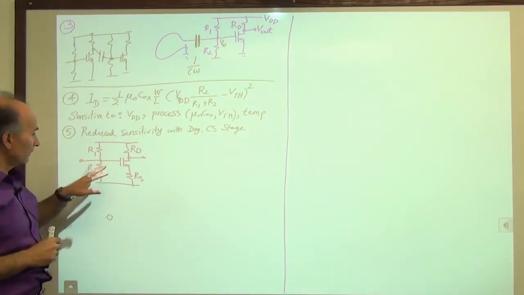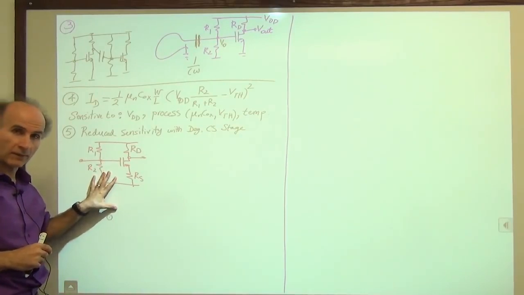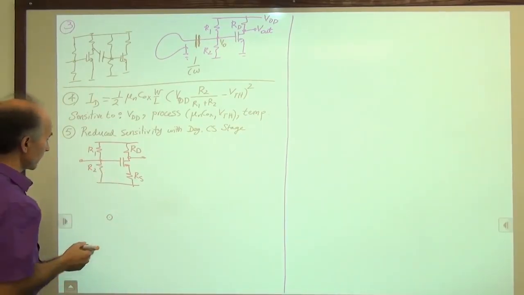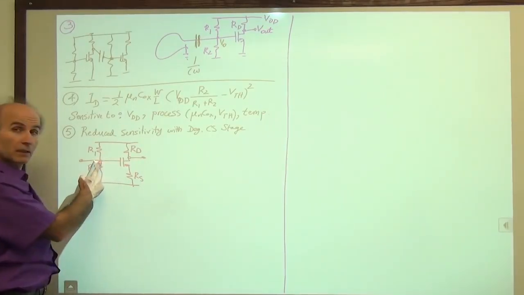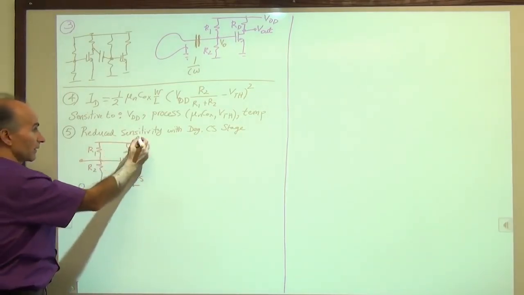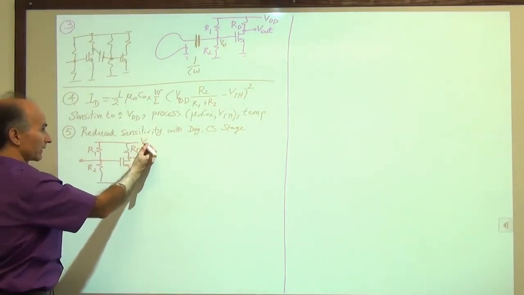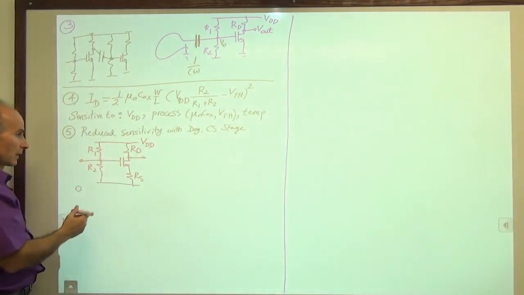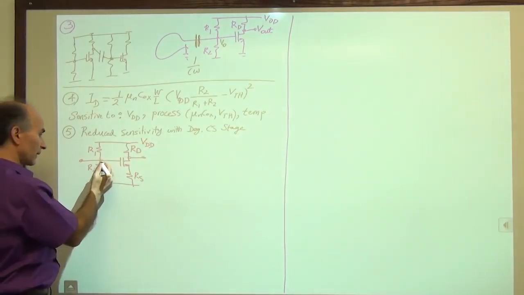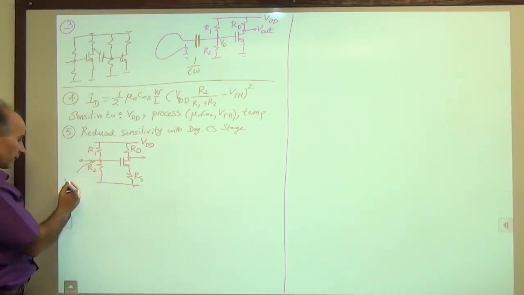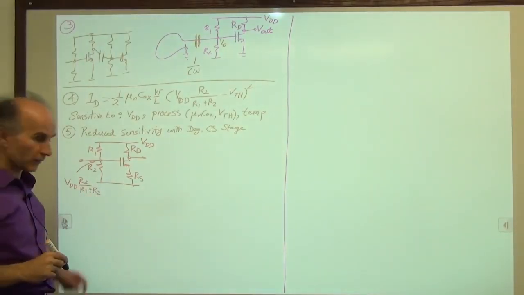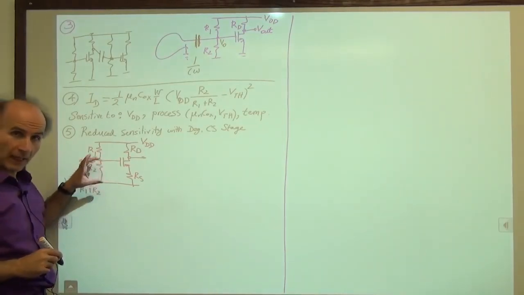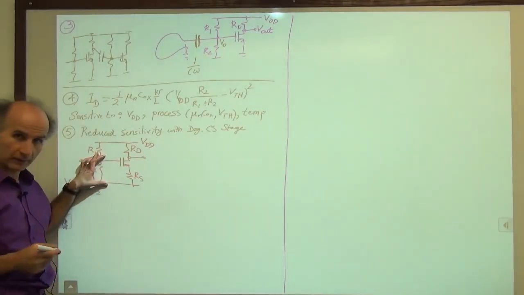All right, given the circuit, how do we calculate the bias conditions? It shouldn't be that hard. As usual, this voltage is the result of division between the supply and these two resistors, so it is VDD times R2 over R1 plus R2. Previously we had a voltage source we called V0, so this is similar to that.